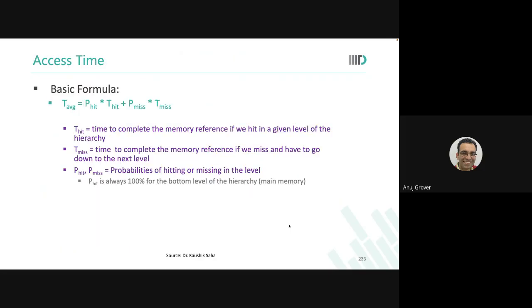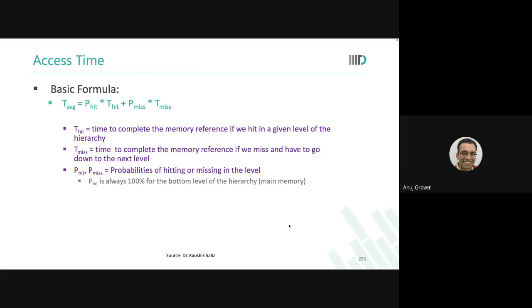So what does access time mean? Access time means in how much time will I be able to get data once the processor requests it. And if you look at the formula, it's pretty intuitive. There is a probability of hit at any level of hierarchy.